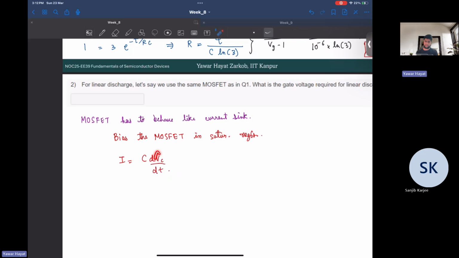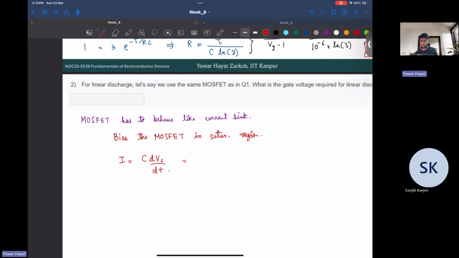What is this? VC. This is the voltage across the capacitor at some time t, right? This is the current flowing through the capacitor, and this is the value of that capacitance. I is C dV by dt, right? Is this clear? Yes, sir. Okay.